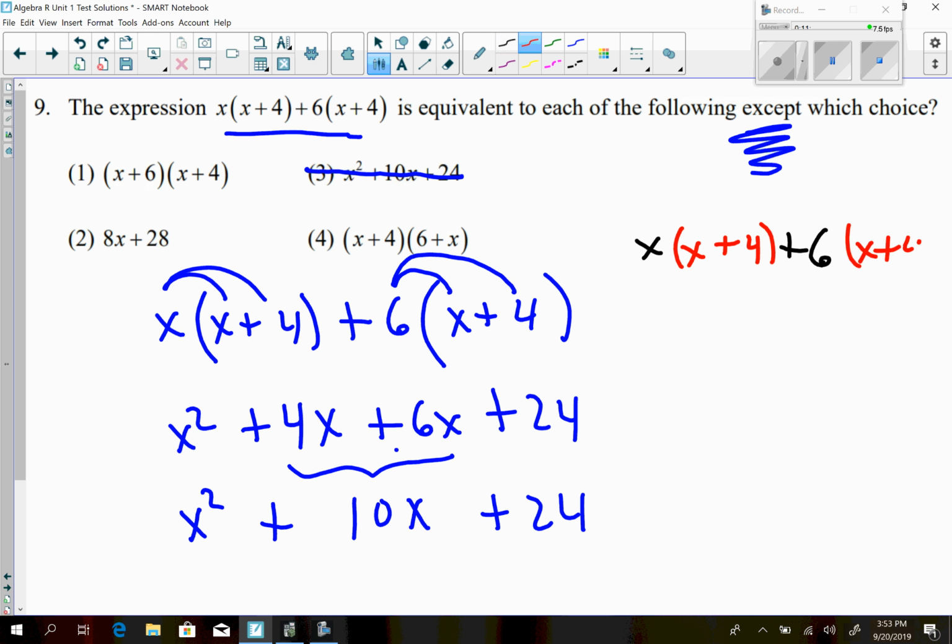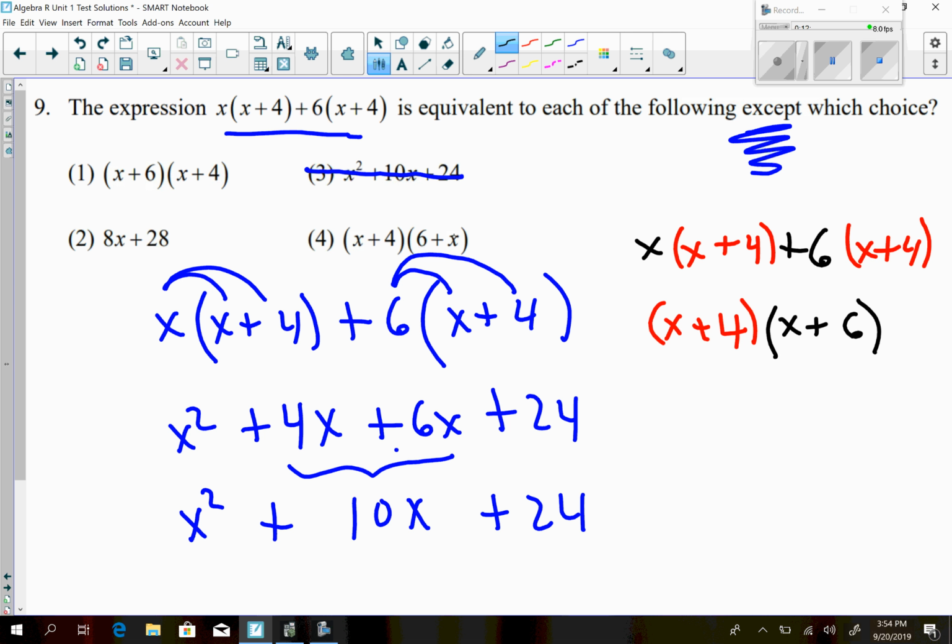I just wrote the given with different colors. The x plus 4 is common. It's the red thing here and here, so I write the common thing. And next to it, I write what's left when that is removed. If I remove the red from here and here, x plus 6 is left. This given expression is the same as this. It's the same as choice 4.